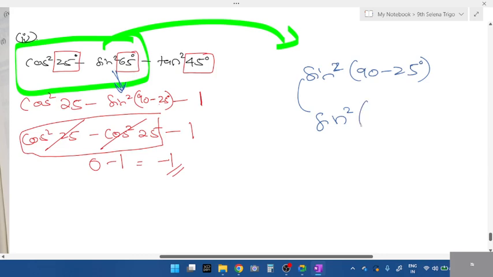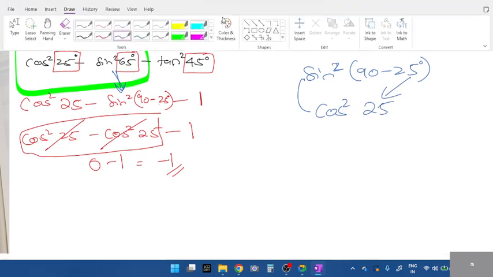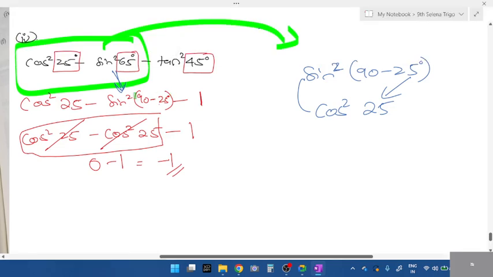We directly write the answer. Whenever cos square 90 minus 25 is given, we directly write the answer. Sine square can be written as cos square 25. If a single value is given, we convert into complementary. If the 90 minus concept is given, we write the answer directly.